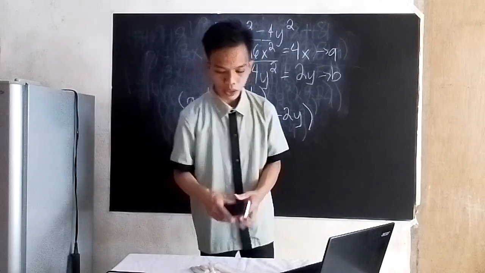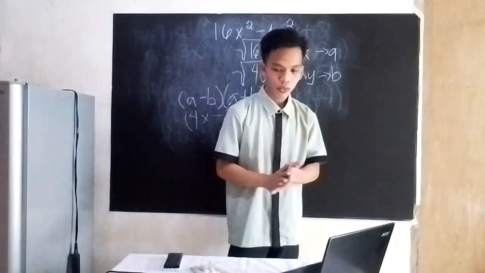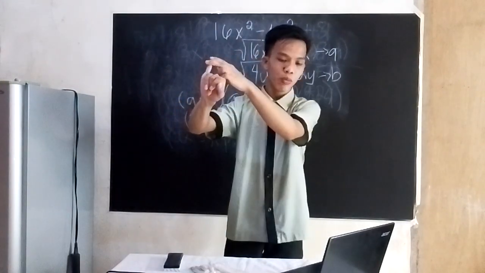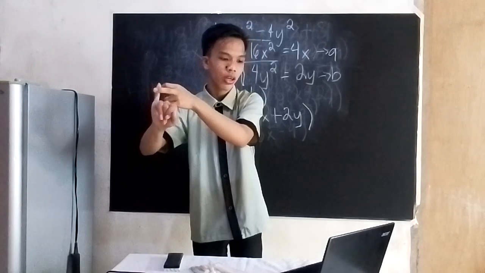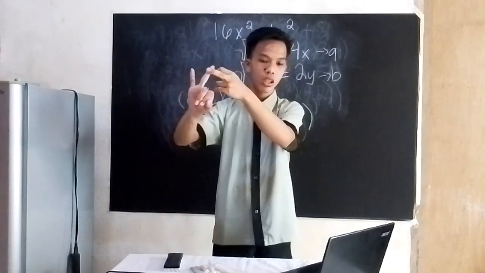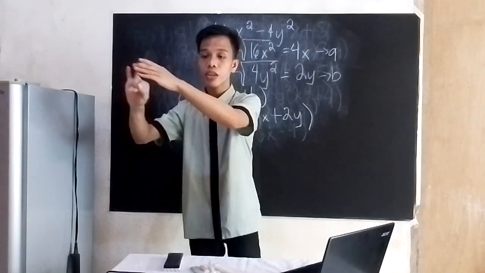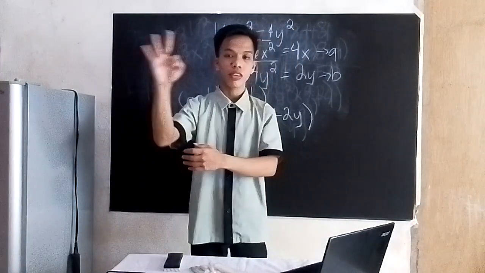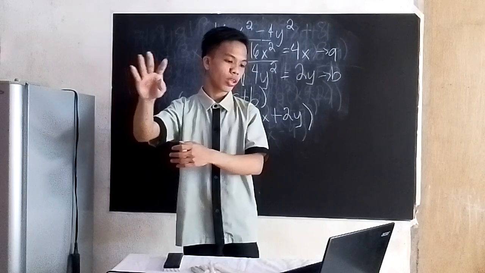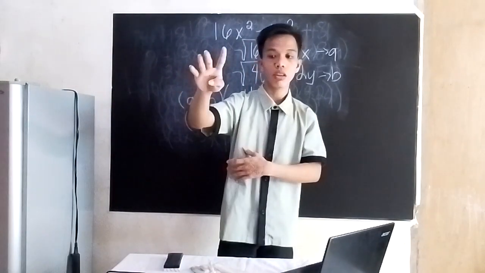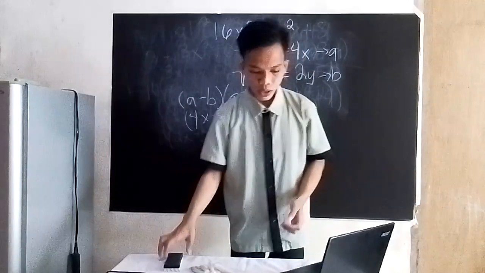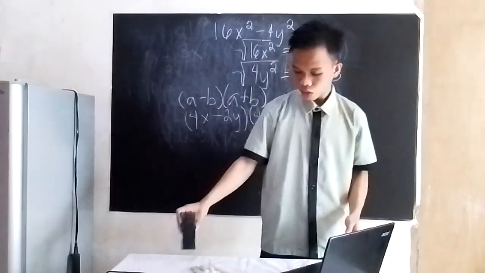What are the four types of factoring? First is the greatest common monomial factor. Second one, grouping method. Third one, sum and difference of two cubes. And the last one is the difference of two squares.